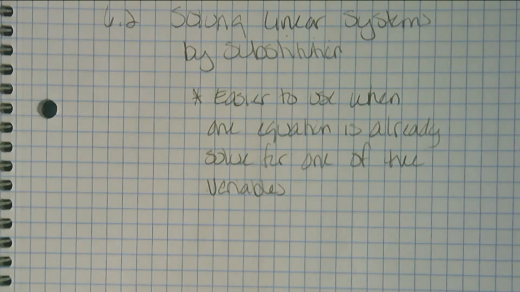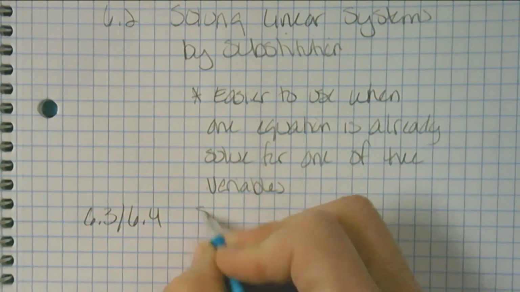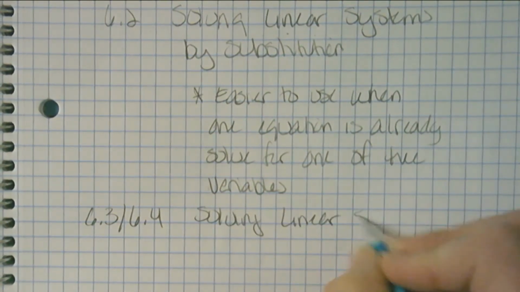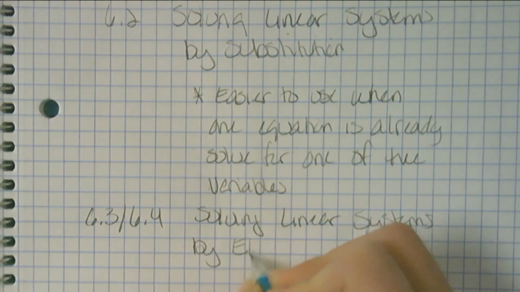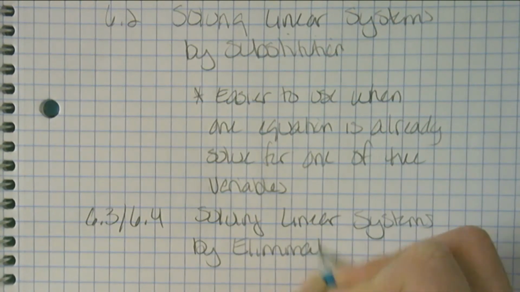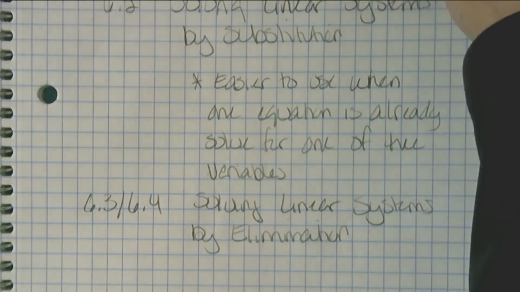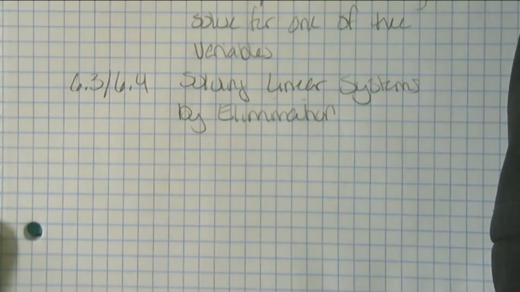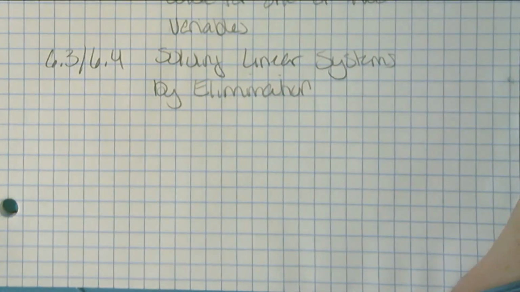All right, 6.3 and 6.4. This was solving linear systems by elimination. That's my favorite. If I was to choose any of them to be the easiest way, in my opinion, that's the easiest way.